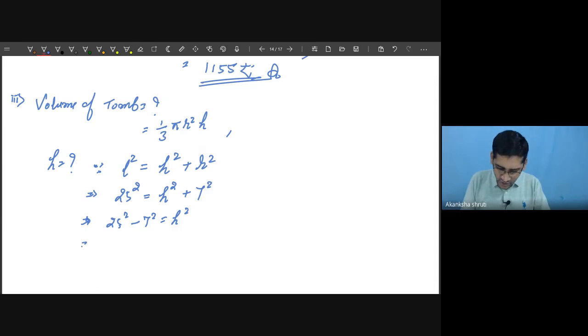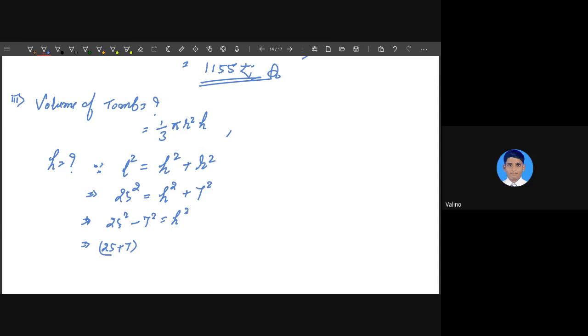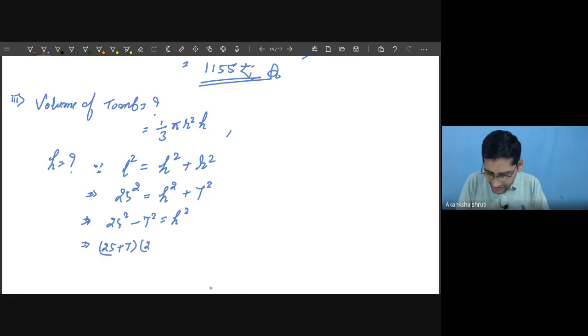But I have told you, for easier calculation, it is in the form of a square minus b square. So it can be written as 25 plus 7 into 25 minus 7, which is h square. So from this, h can be calculated easily, meaning the square root can be calculated.